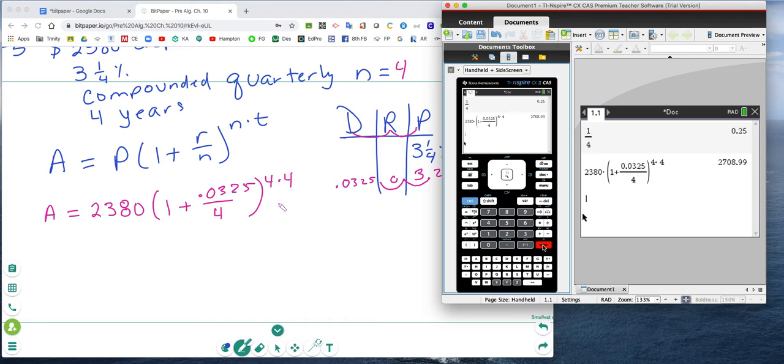So what I have here is my account balance. This is the amount of money I'm going to have in my account after 4 years, after having interest calculated and added 4 times each year. Free money, $2,708.99.